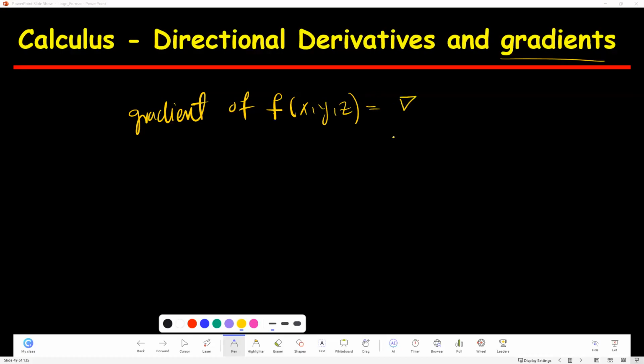Remember, this is a symbol, so you can also write it like this. And what does that mean? You're taking this function and taking the partial derivative of this function with respect to x, y, z. For example, this function I'm going to write like this.